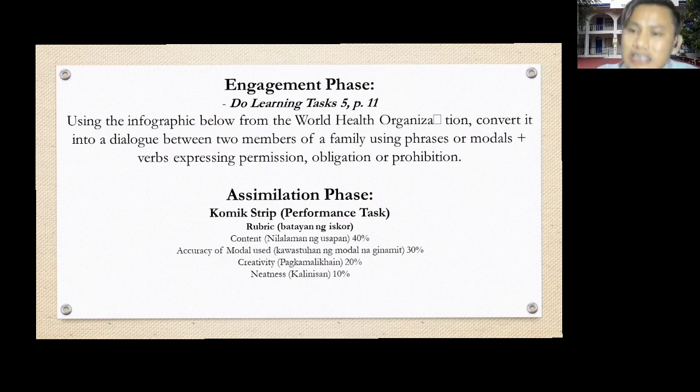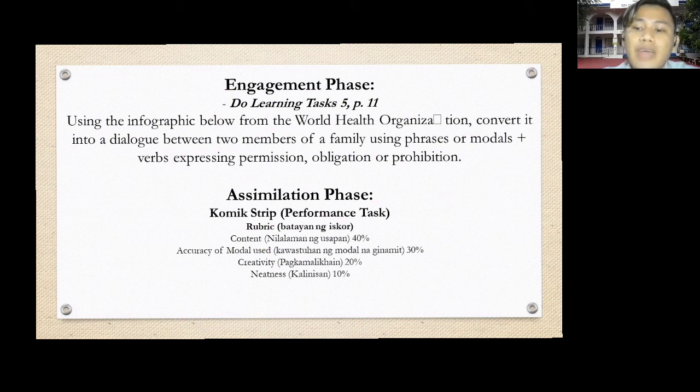Lastly, under the assimilation phase, you are going to write your own or draw your own comic strip. It will serve as your performance task. For our rubric, the content is 40%. The accuracy of the modals being used is 30%.